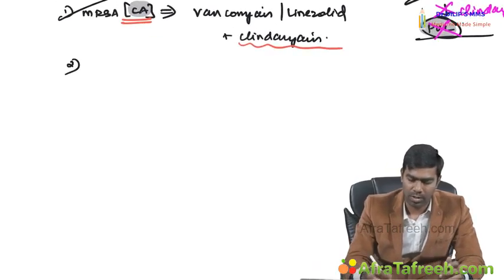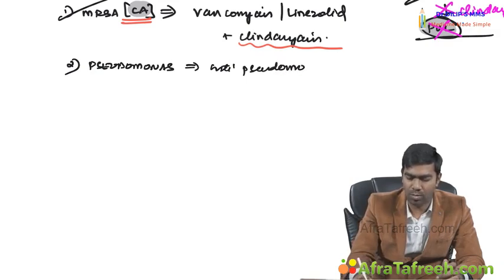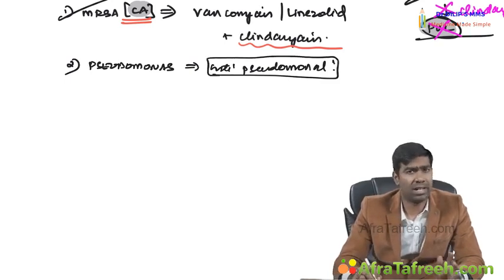Number 2, if you have a suspicion of Pseudomonas, you have to give an anti-pseudomonal drug. Your anti-pseudomonal drug should be there in the regimen. Remember, many beta-lactams are anti-pseudomonal.